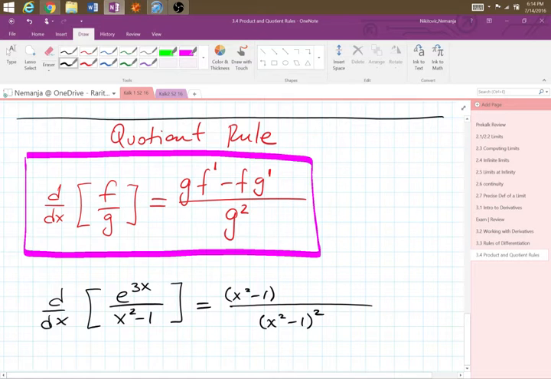So this is how you start. You take the denominator, you copy it twice, and you square it in the denominator, and then you start thinking about derivatives. So the derivative in the numerator is going to be 3e to the 3x minus. So 3e to the 3x minus, and then we have e to the 3x, and then the derivative of the denominator is just 2x.